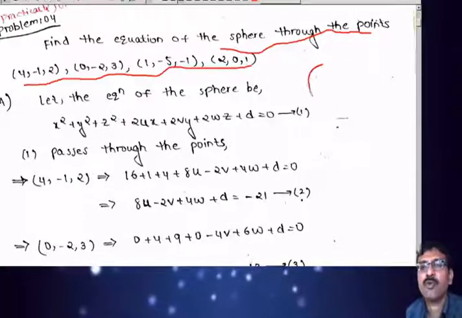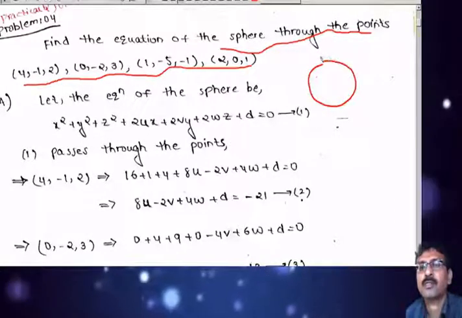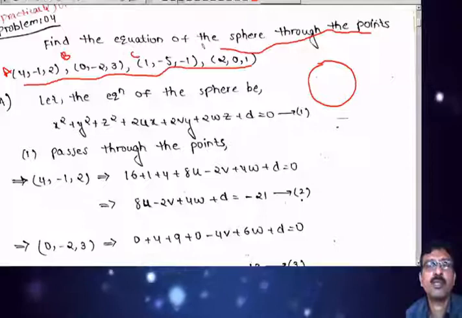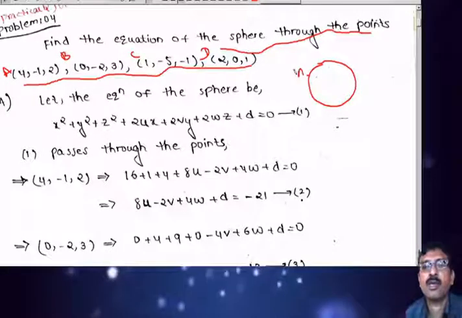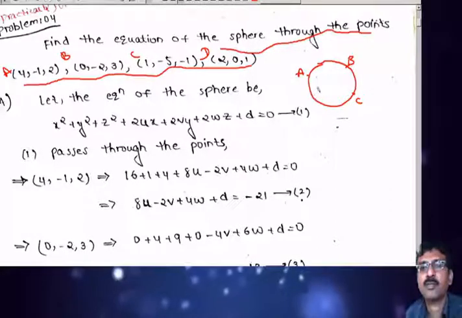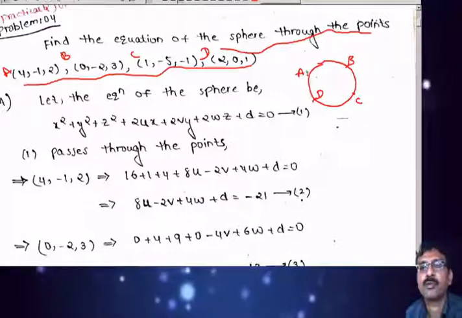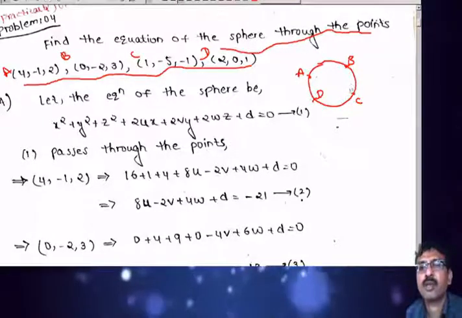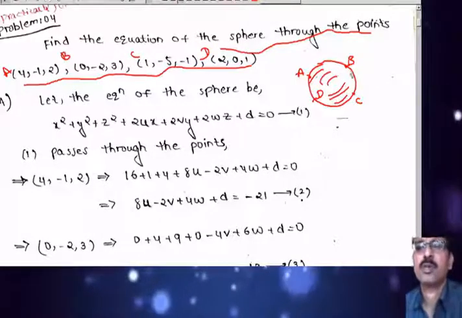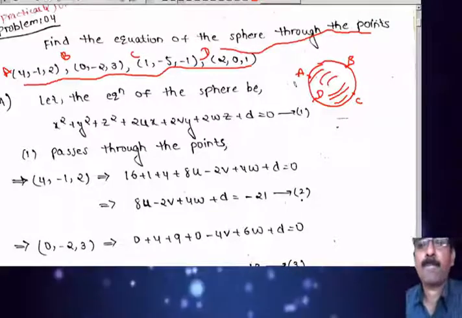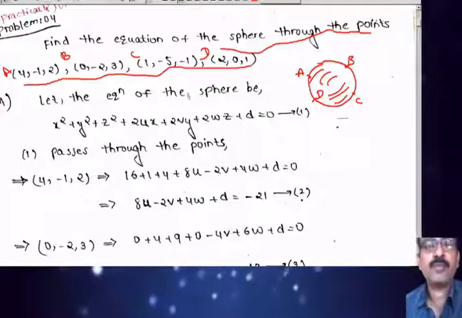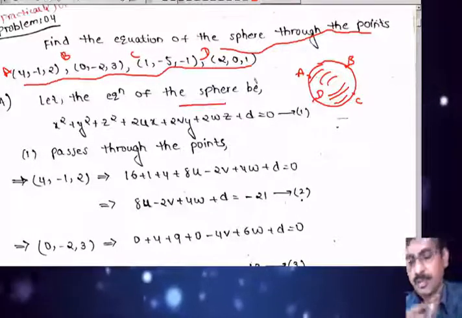So these 4 points lie on the sphere. If this is A, this is B, C, D, and A is somewhere here, B is here, C is someplace, D. So here 4 points lie on the sphere. This is the sphere. If 4 points are given, one can find the equation of the sphere.